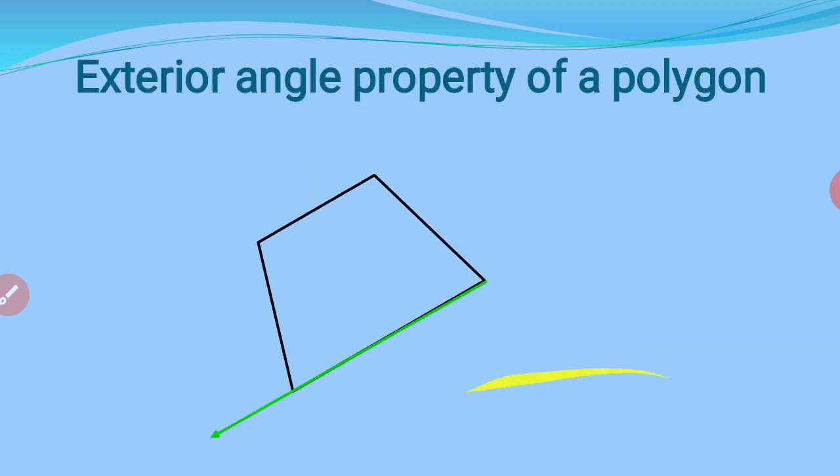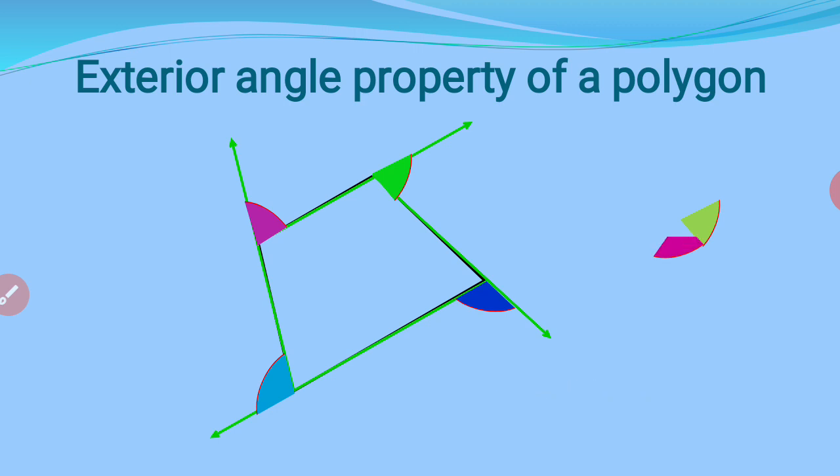Now the property is shown here. So we have 4 exterior angles. Now they are being shown by various colors. Let us take each and every angle and keep them aside. One by one you can see they are being kept near each other and we get a circle.